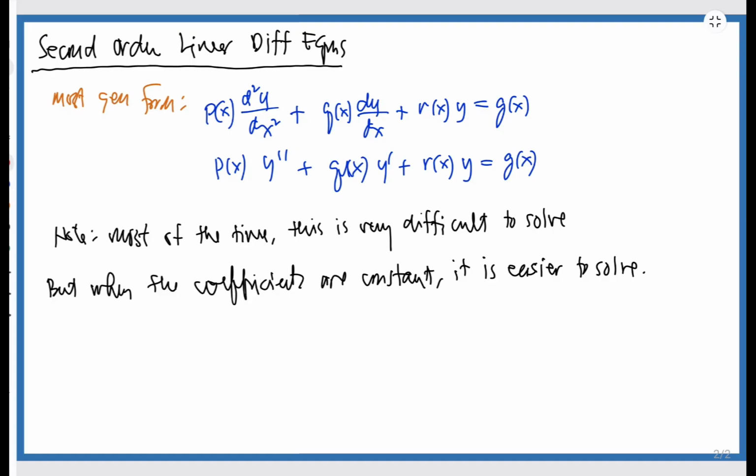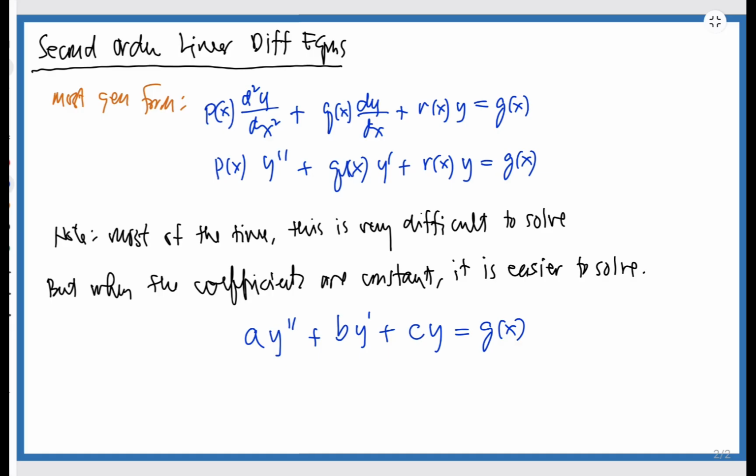We're going to use this notation because it's easier to write. So when the second order linear differential equation has constant coefficients, we can write it this way: a constant A times y double prime plus a constant B times y prime plus a constant C times the function y equals the function g of x.